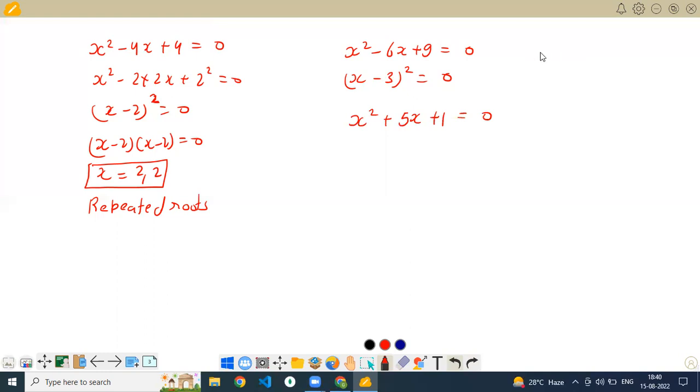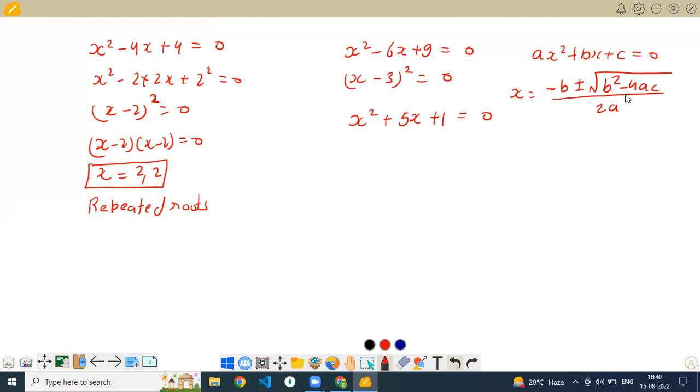In general, the equation is ax square plus bx plus c is 0. If you cannot apply middle term splitting, if it's complex, difficult, or if it is not a perfect square, we say the root is given as x is equal to minus b plus minus square root of b square minus 4ac divided by 2a.